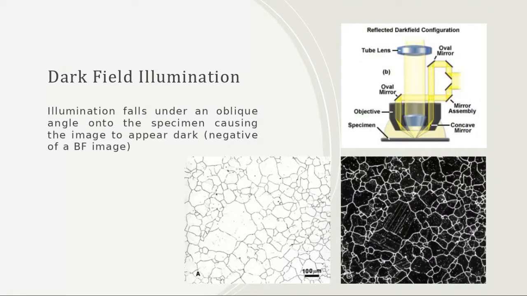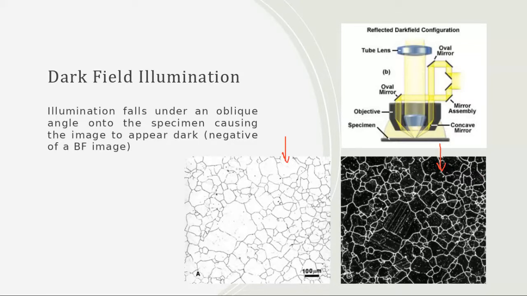Dark field illumination, using that exact same image, you can see in the image over here on your left what you would have seen in bright field, and when you're looking at the dark field image, it's the negative of the bright field image. Now, why is this necessary?